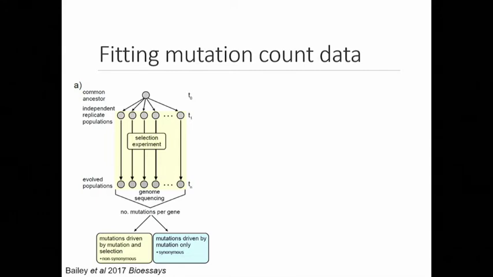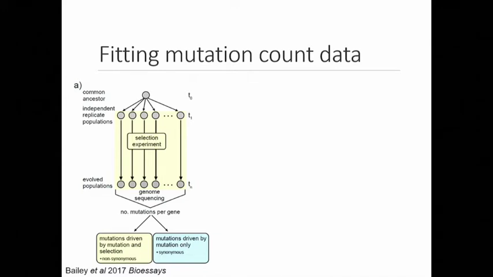There are two ways that we've approached doing that. One is to divide those mutations up into the synonymous and the non-synonymous set, making the assumption that synonymous mutations are likely not under strong selection, and so the synonymous mutations that we're seeing give us an idea of mutation rate, and how that might vary across the genome.